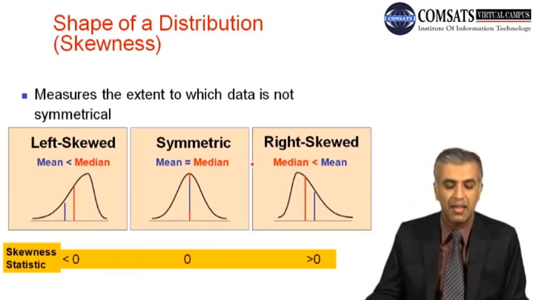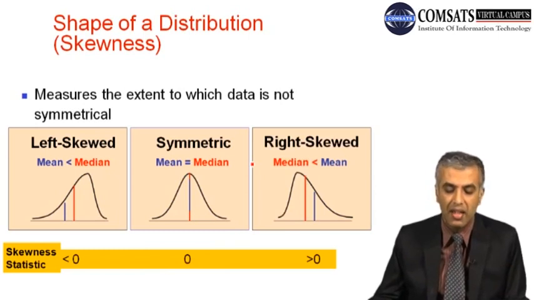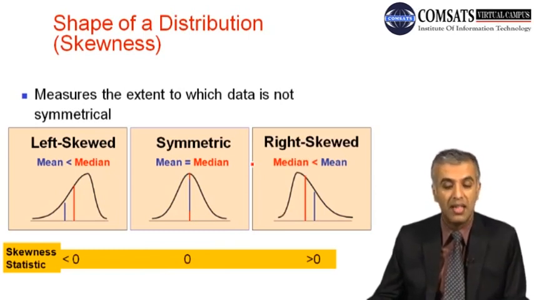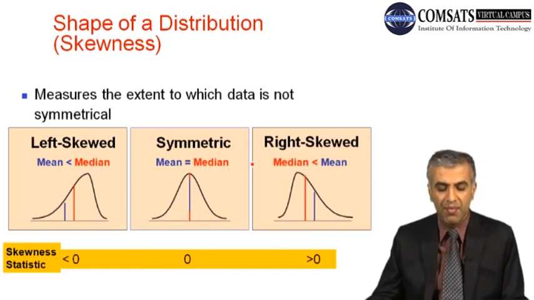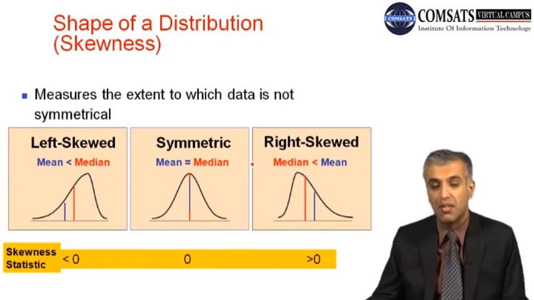The diagrammatic explanation is given here, and we can see that left skewed is explained when the mean is less than the median of the data set, and you can see it graphically how it is presented here. It is pretty vital that these three different types give us the nature of the shape of the distribution, which further helps us in making important conclusions.